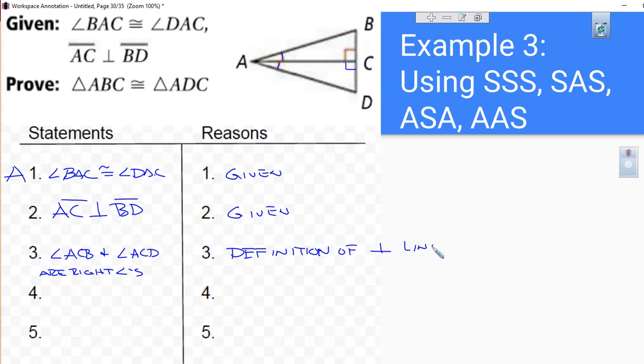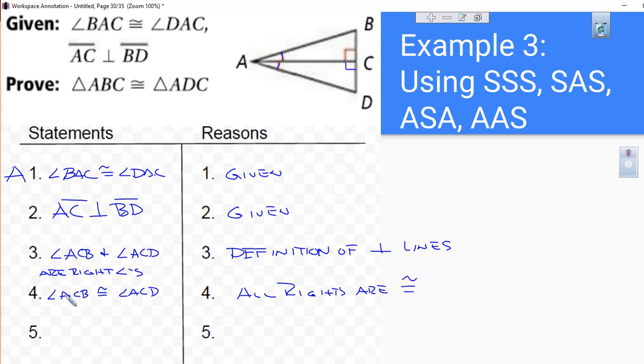So we can use abbreviations as we go throughout here, use the perpendicular symbol. Now once we say that they're right angles, we know that all right angles have a 90-degree measure, and so right angles are then congruent. So we're going to say now that angle ACB is congruent to angle ACD. And our reason is that all right angles are congruent.